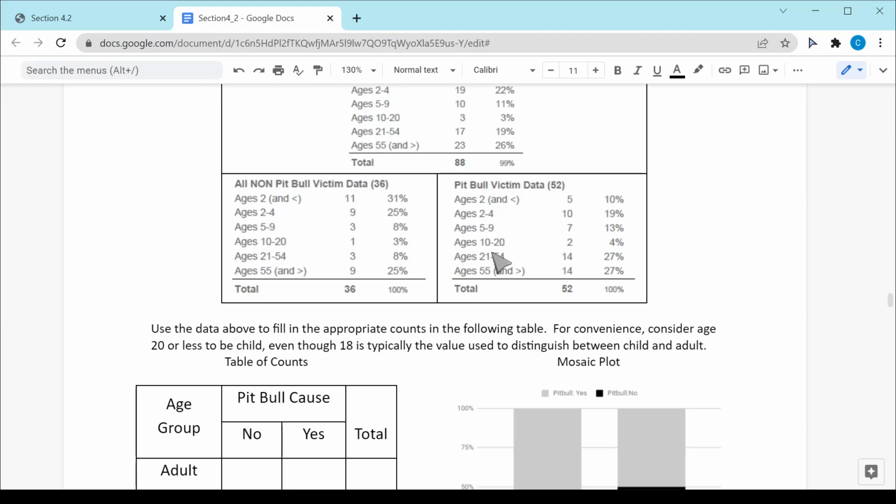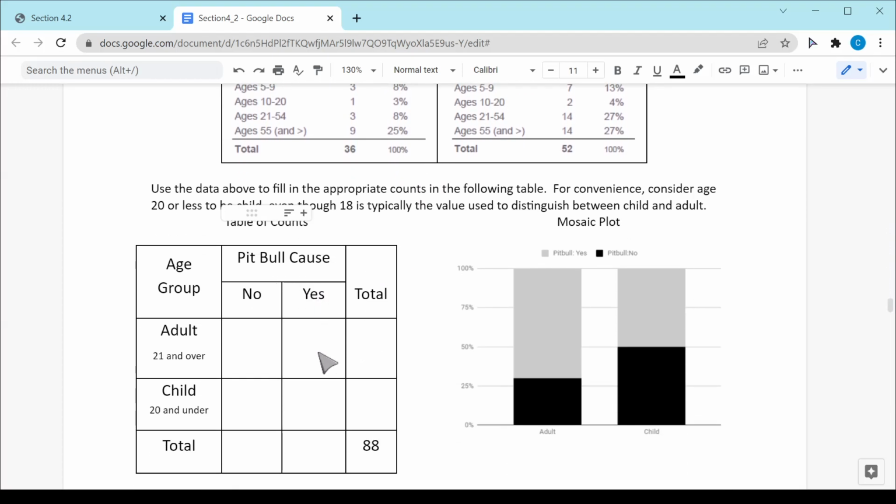So they didn't stop the ages there at 18, they actually went to 20. So I'm going to call somebody that's 20 and younger a child here for this discussion. So I have 2 in that age group, 7 from 5 to 9, so that's 9 total, 19, and then what, 24? So for the pit bulls, 24 children were killed.